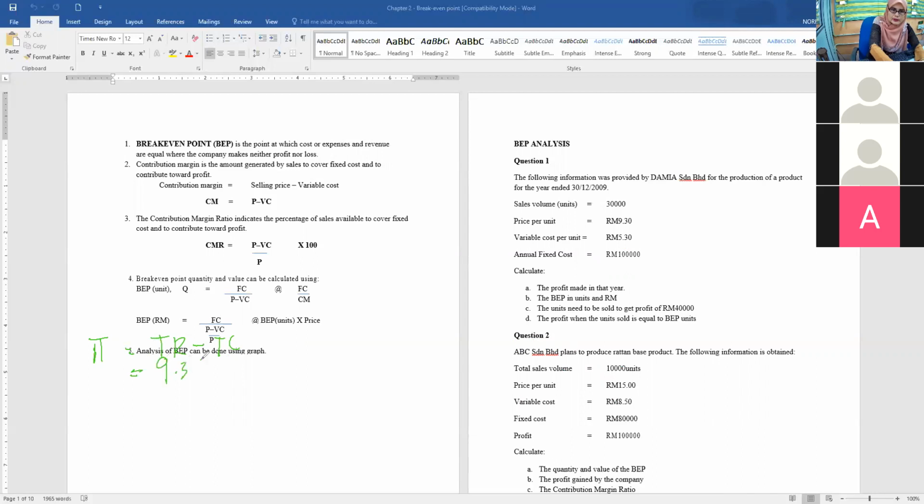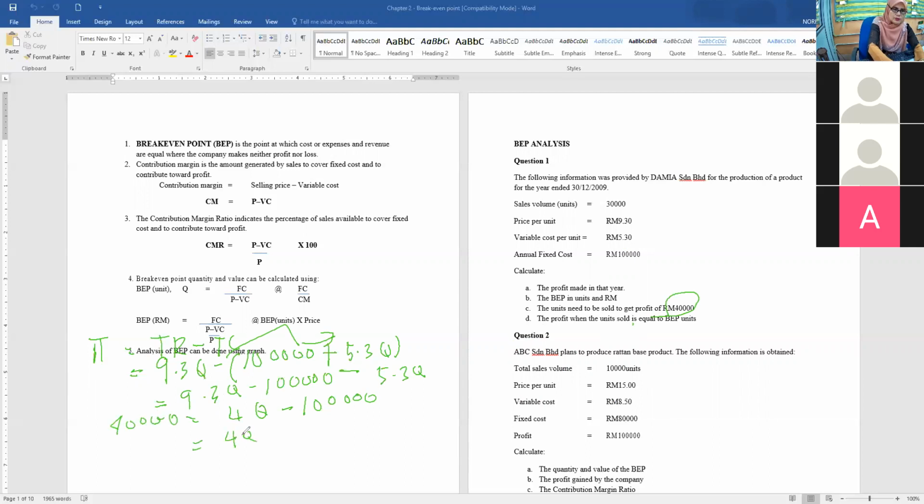Price is 9.3 times Q, 9.3 Q, minus fixed cost 100,000 plus variable cost 5.3 Q. So 4Q minus 100,000, profit is 40,000.